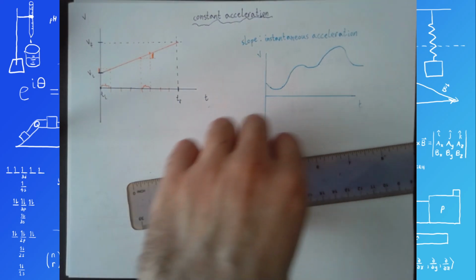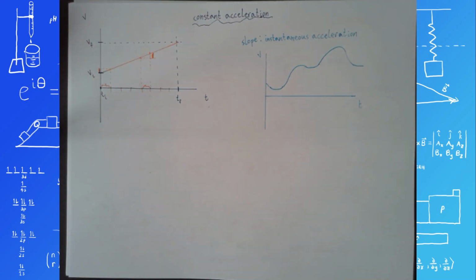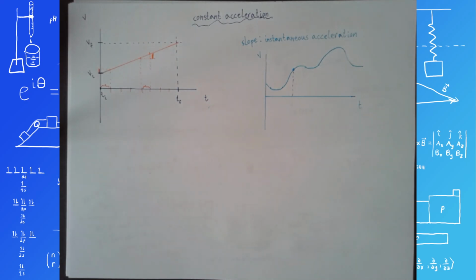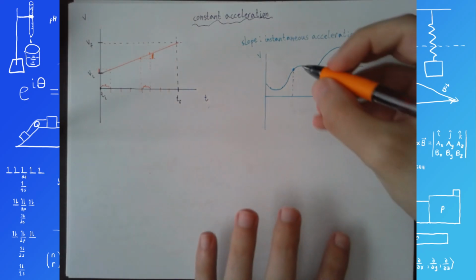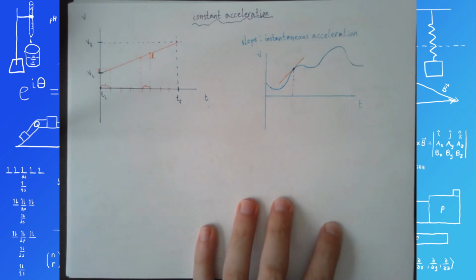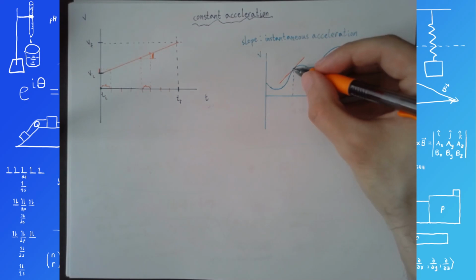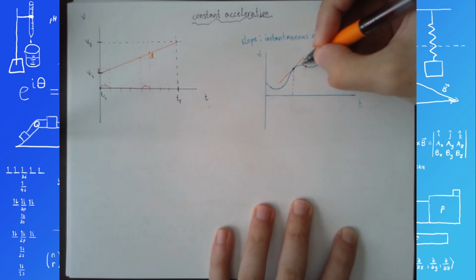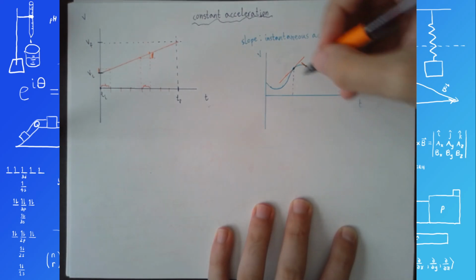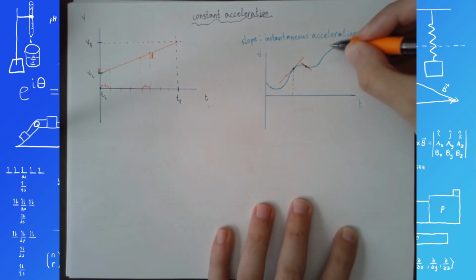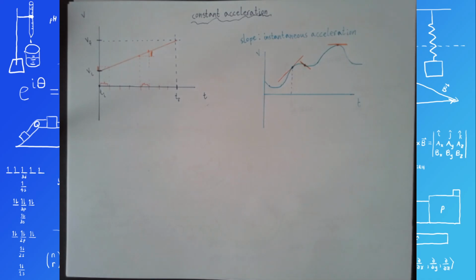If I were to pick a particular point here, then I can just draw a tangent line to that point, a line that just barely grazes that point on the curve. If I were to calculate the slope of that line, that would be the acceleration at that moment, and at a different moment, like over here, we would have a different acceleration. This one looks like a negative acceleration, which makes sense because at this point the graph is curving downward. Over here, the acceleration would be just a flat 0 for a brief moment, and so on and so forth.